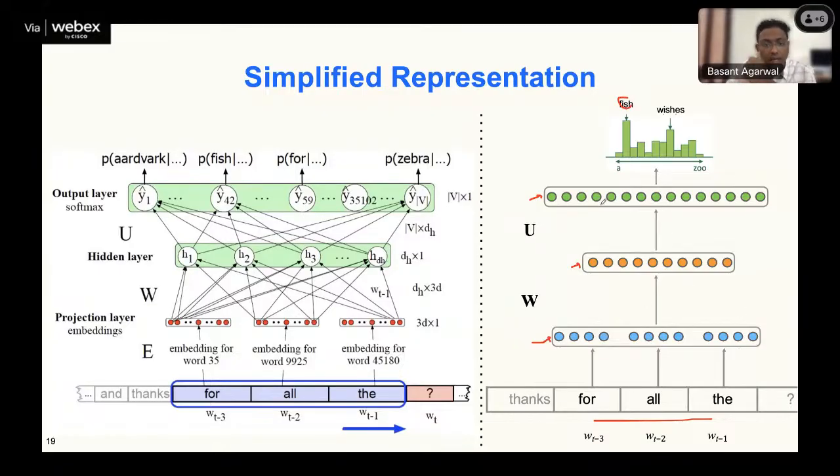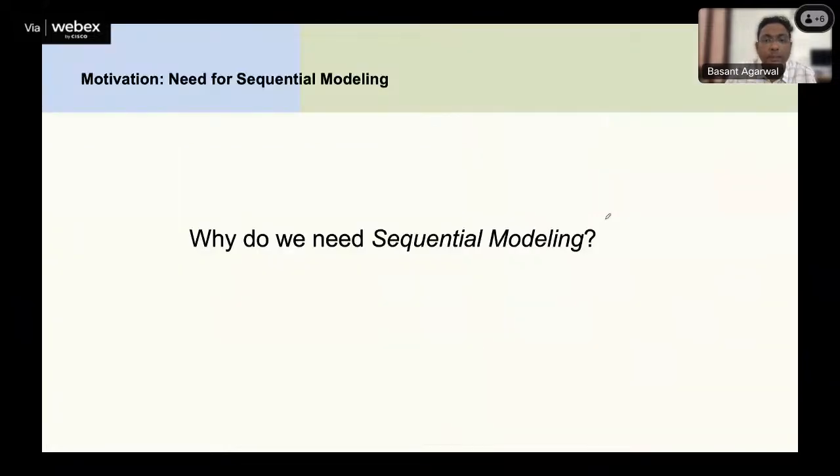This is just to give you an idea of how we can solve a language modeling problem with a neural network, also known as a feed forward neural language model.